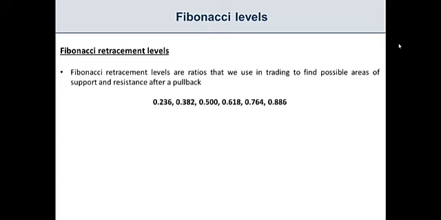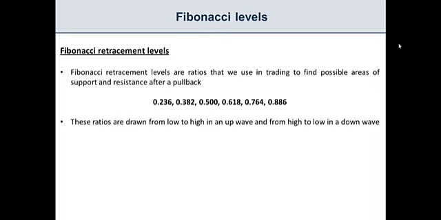The ratios that we are going to be using for our harmonic trading are the 23.6, the 38.2, the 50, the 61.8, the 76.4, and the 88.6. Usually the 88.6 is a Fibonacci ratio that is not on the default settings of your Fibonacci tool, but it's super important when you are trading harmonic cycles.